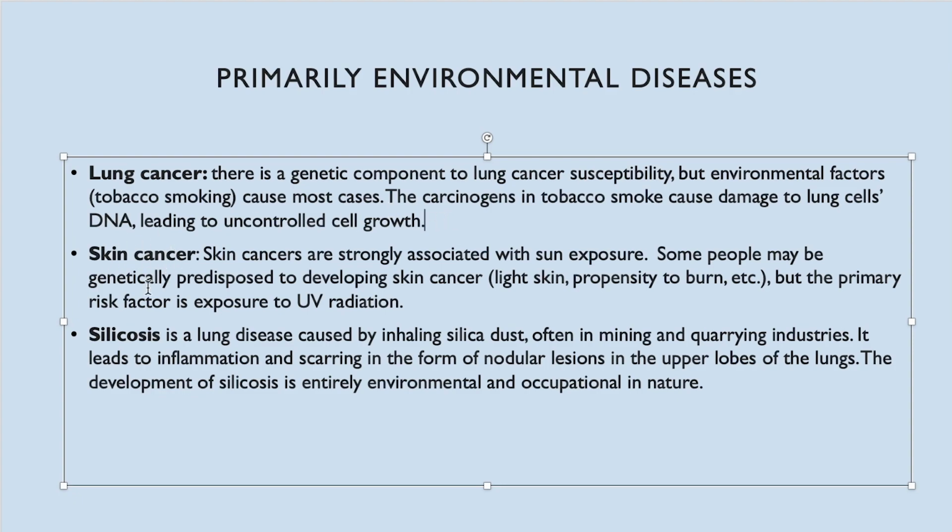Now, skin cancer that results from exposure to ultraviolet radiation, okay, is mostly environmental. Okay, there is a genetic predisposition. People who have very light skin that burns easily, but if they avoid this exposure to ultraviolet radiation for a long time, if they use sunscreen, etc., they will avoid this cancer.